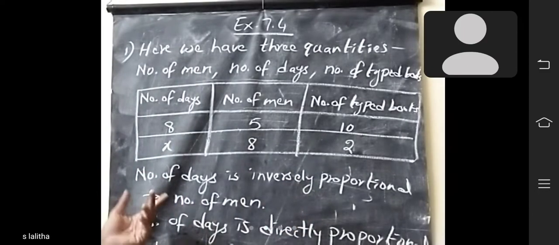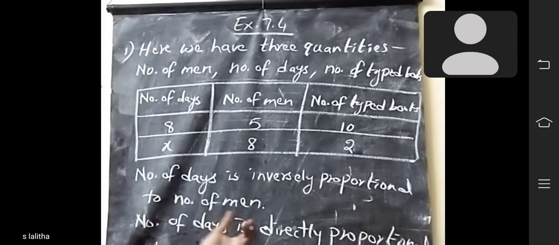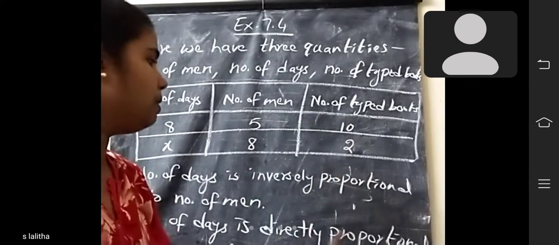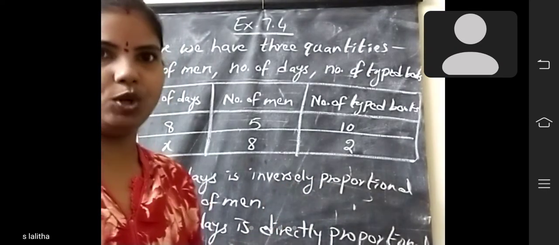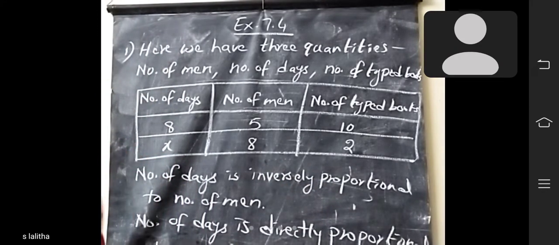Okay, so number of days is inversely proportional to number of men. It is in inverse proportion, and number of days is directly proportional to number of typed books. Here we are getting two proportions. One is inverse proportion, another one is direct proportion.